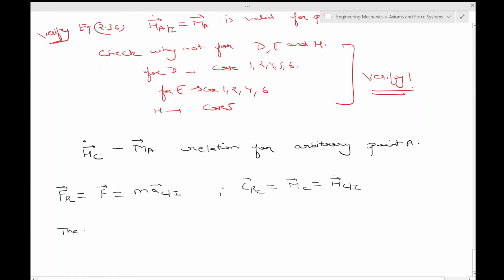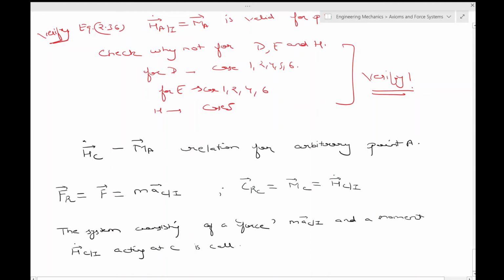The system consisting of a force m a C of I and a moment H dot C of I acting at C is called the kinetic system.